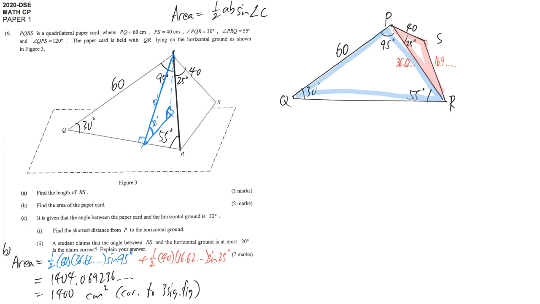So basically it gives you a right-angled triangle with 32 degrees here.